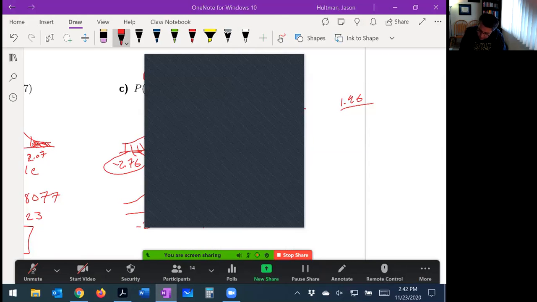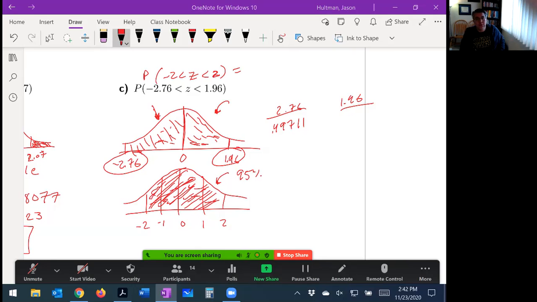Okay, what about 1.96? What's the table value for 1.96? Look it up in the table.